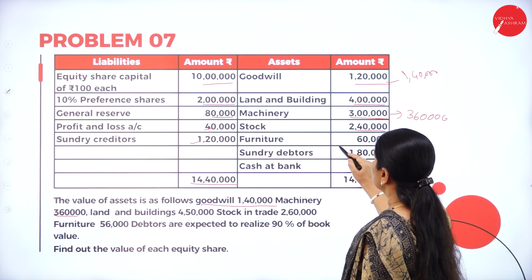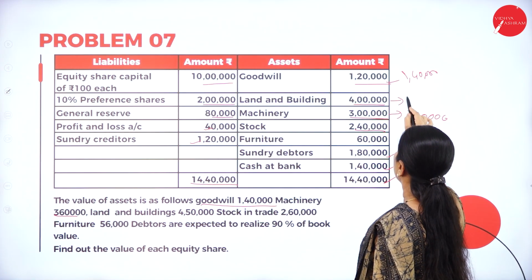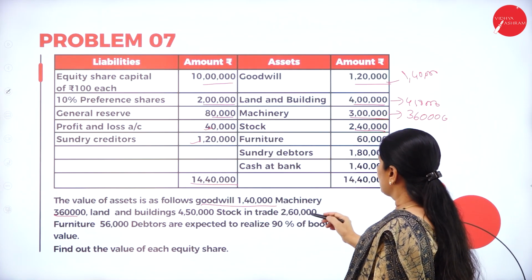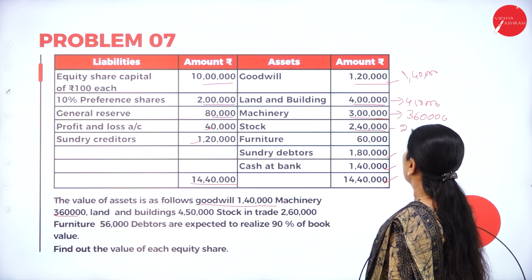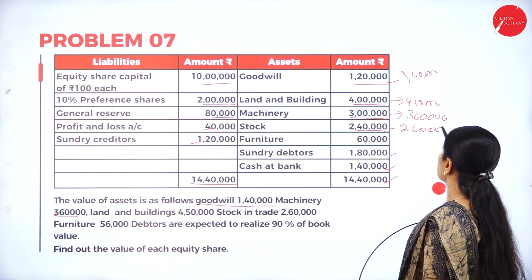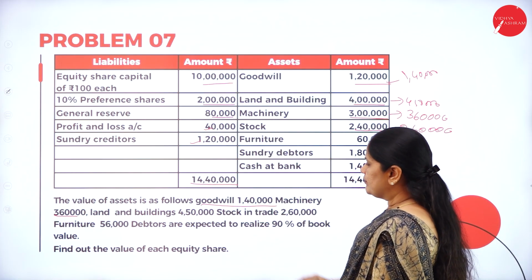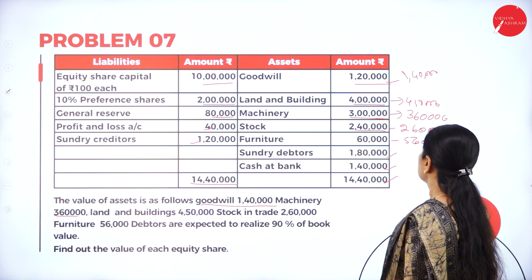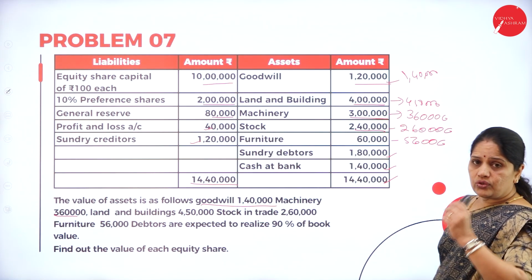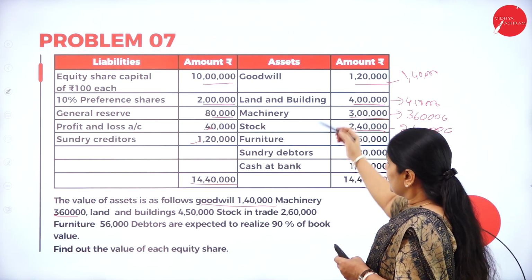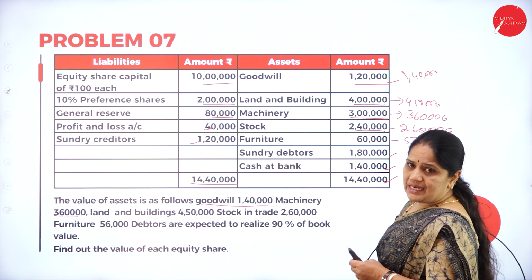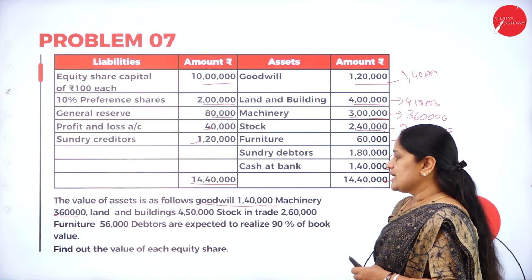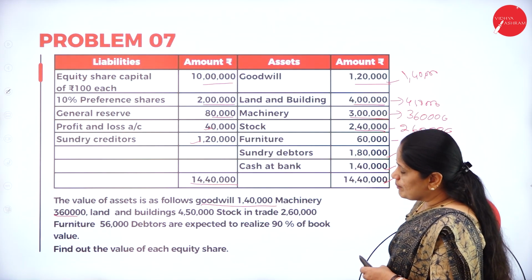Then, land and buildings is valued at 4,50,000 and stock in trade at 2,60,000. Then, furniture at 56,000. So, they are giving us two values of assets. Now, in the asset side, that is the balance sheet asset side, we have a value, and also they have given us the revalued amount.